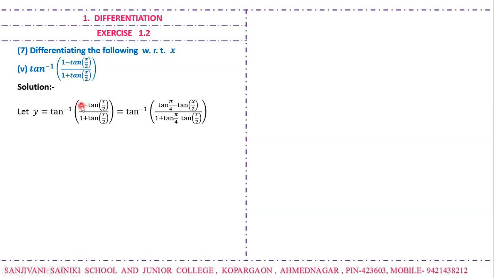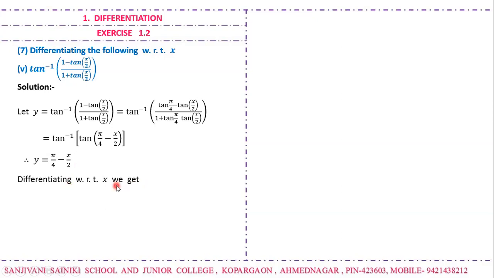Here is also 1, tan pi by 4, and there is also 1, tan pi by 4. Tan pi by 4 minus tan x by 2 upon 1 plus tan pi by 4 tan x by 2. This is tan A minus tan B upon 1 plus tan A into tan B. So I can write this expression as tan of pi by 4 minus x by 2. So these 2 will cancel each other and you get pi by 4 minus x by 2.